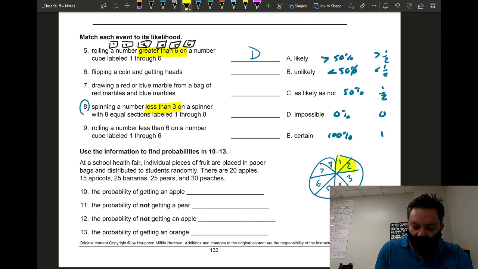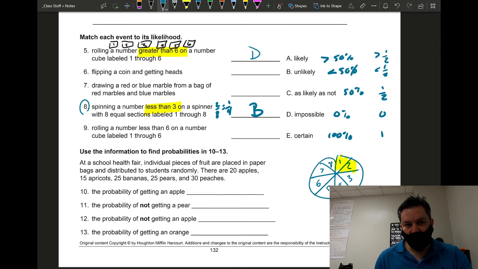So I'm only looking at these 2 right there. How many are those? Well, that's going to be 2 out of 8, which is 1 out of 4, which is less than half, which is going to be B, unlikely. And that's how you do this type of scenario.